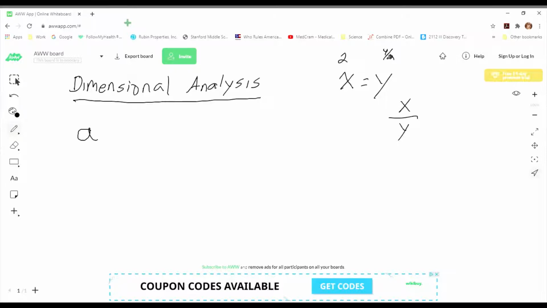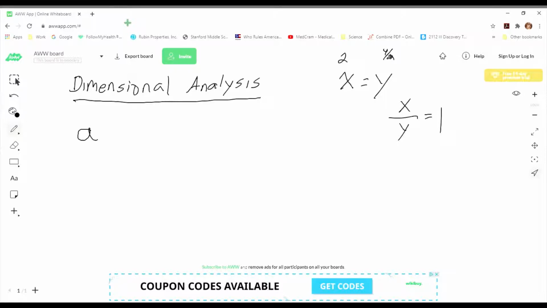And that's like 2 feet or 24 inches. They've got the same value, they just look different. So if x and y are the same, if I take x divided by y, any number divided by itself is going to be equal to 1.